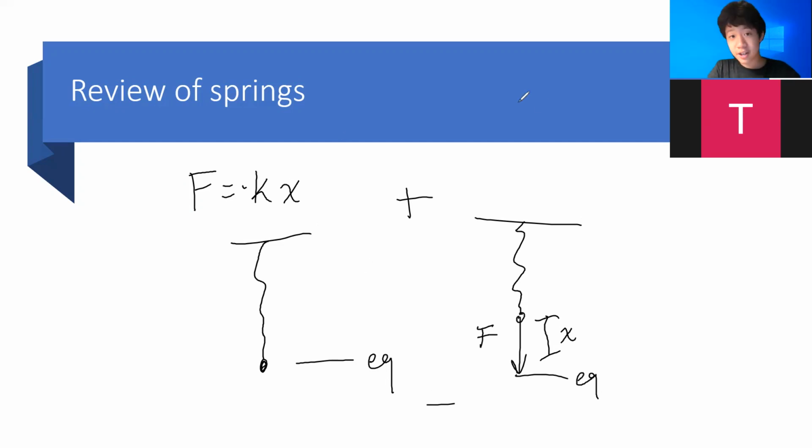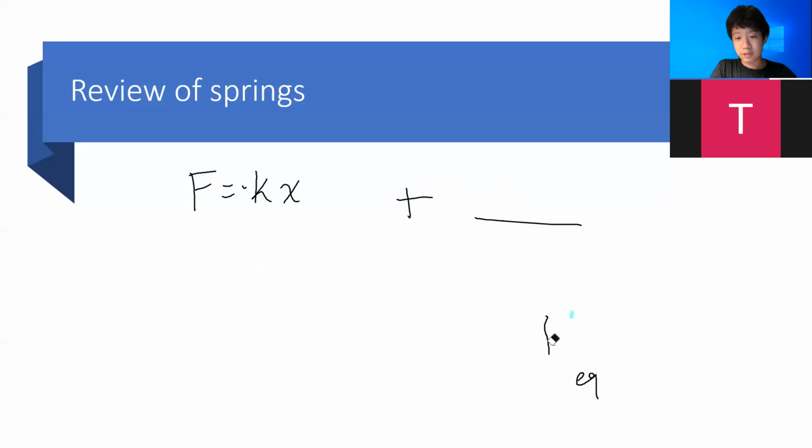So springs are simple harmonic motion. Okay, so that's the first part. That's why we need to review springs, because they're really important for simple harmonic motion. We're going to be looking mostly at springs for this topic. All right, so F equals negative kx.